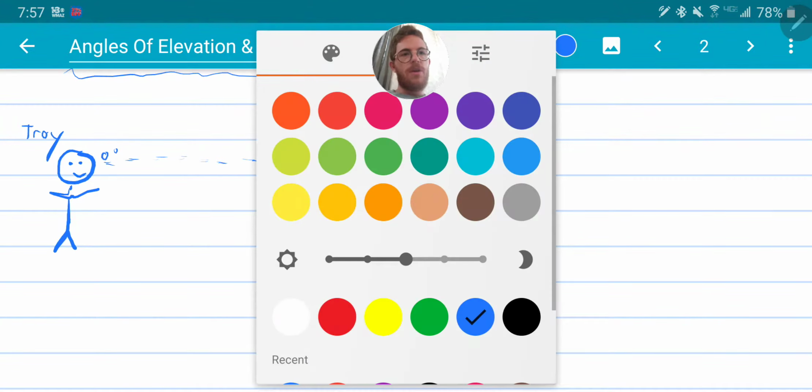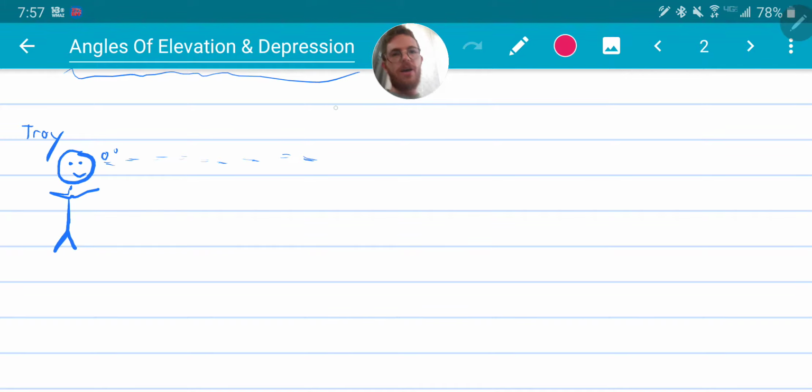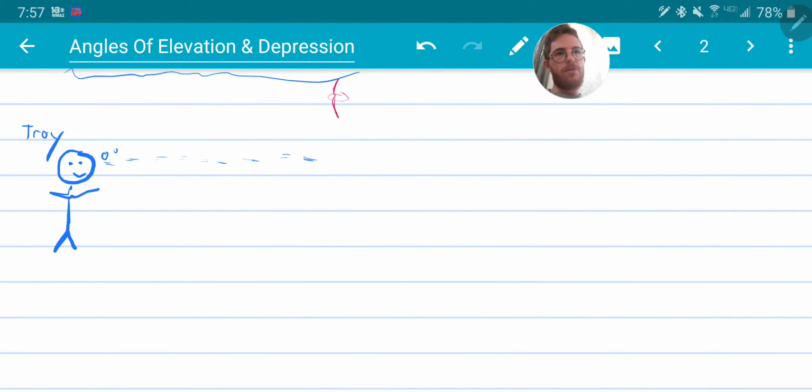So, for instance, if we put a bird right here. That's the worst bird. Here we go now. Nope. Where's my back arrow? Here's my back arrow. There we go. Caw! There's a bird right there.